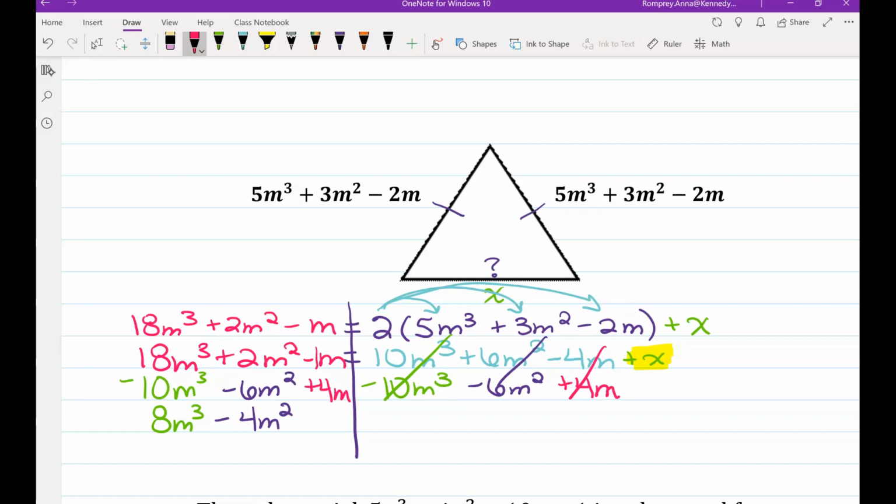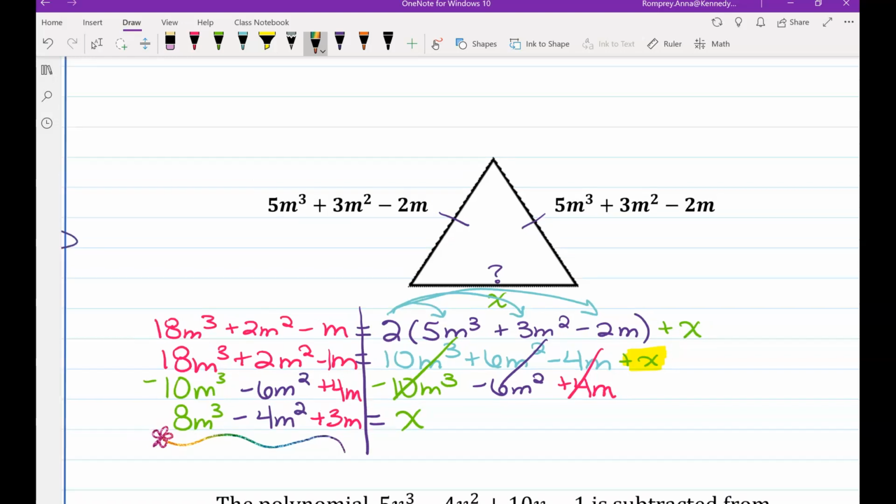So negative 1m plus 4m, I'm left with positive 3m equals, hey, we're done, x. So our missing side length is 8m cubed minus 4m squared plus 3m. Awesome sauce. Great job. Pretty cool?